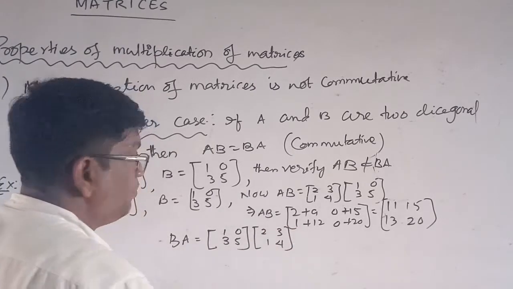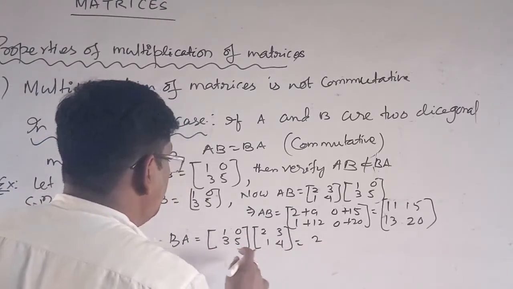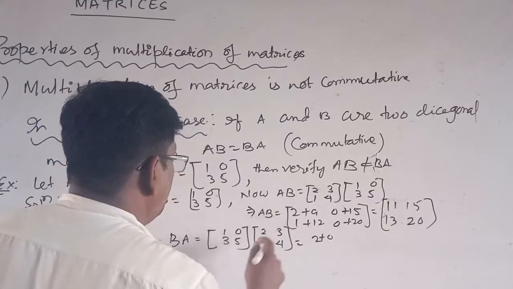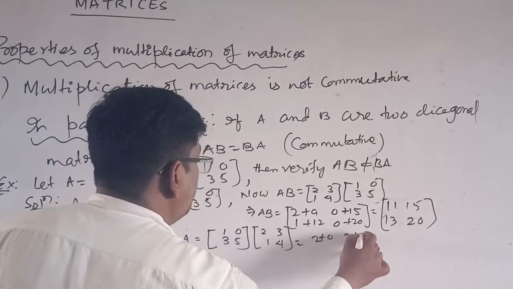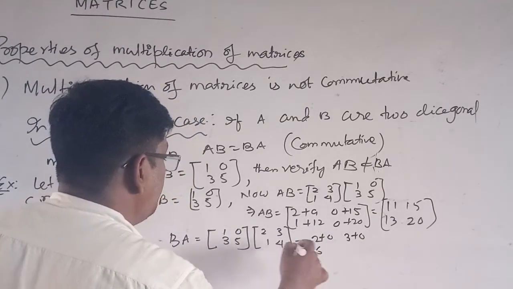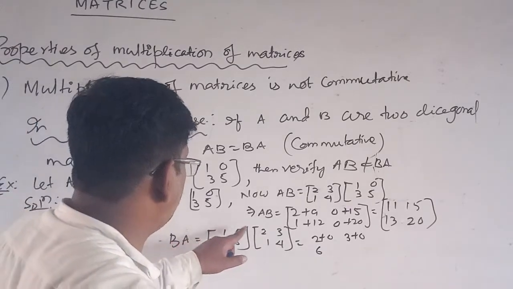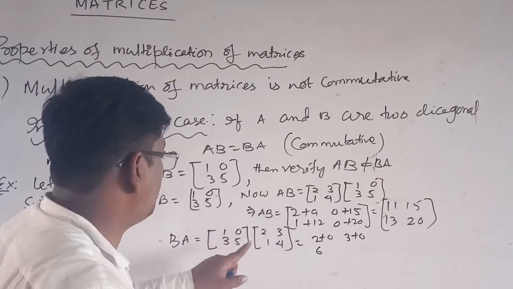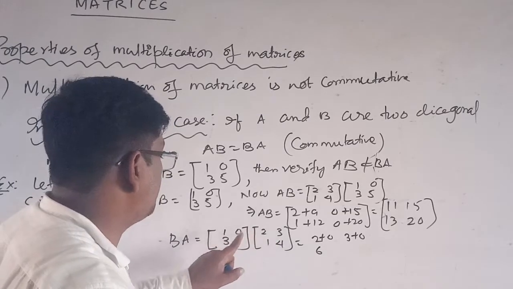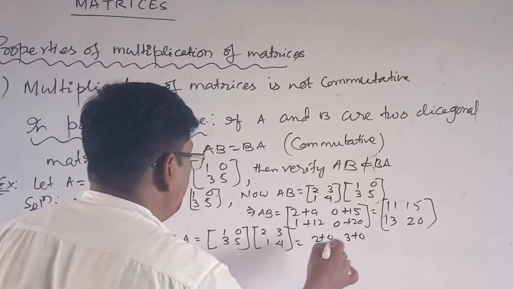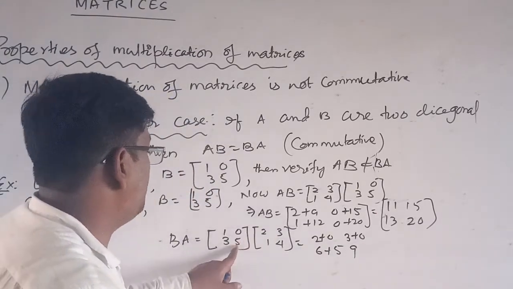Now multiply this. 1 into 2, 2, 0 into 1, 0, then 1 into 3, 3, 0 into 4, 0. 3 into 2, 6, 5 into 1, 5, then 3 into 3, 9, 5 into 4, 20.